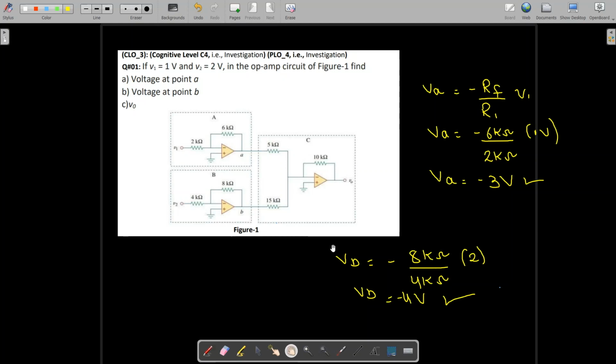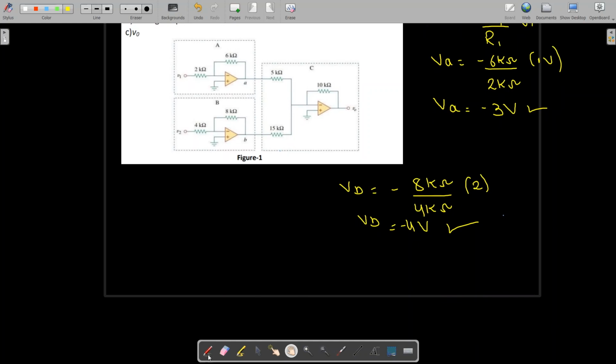So this is our summer resistor, and we know that the output for this adder or summer is going to be equal to V naught is equal to minus RF, where RF is now this resistor. This is the feedback resistor. Fine. Divided by the R1.